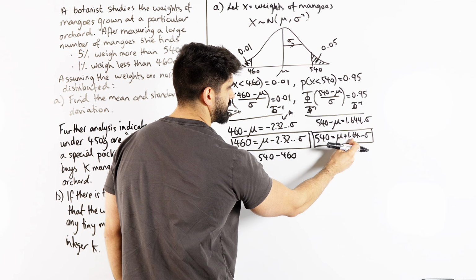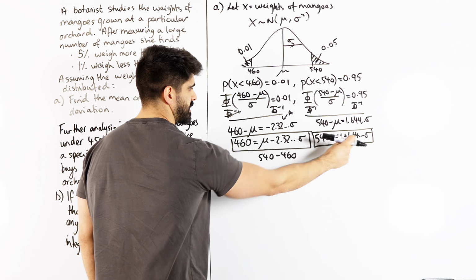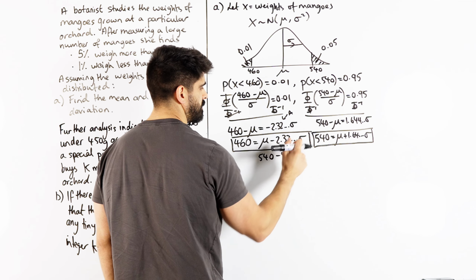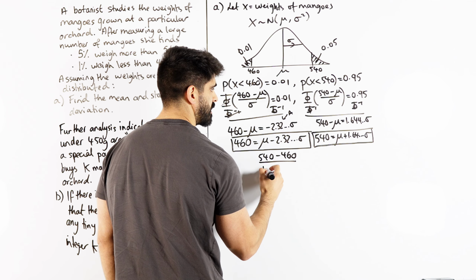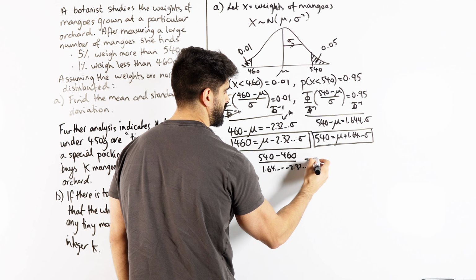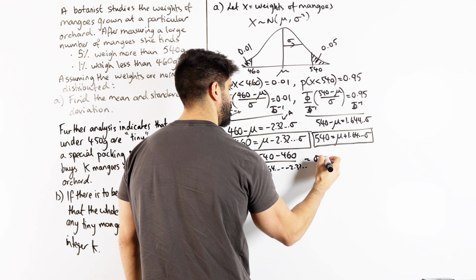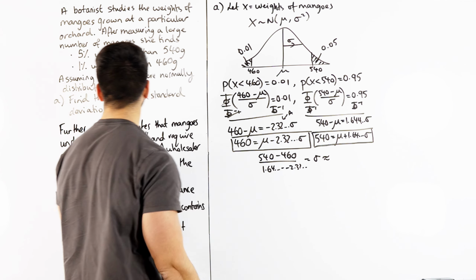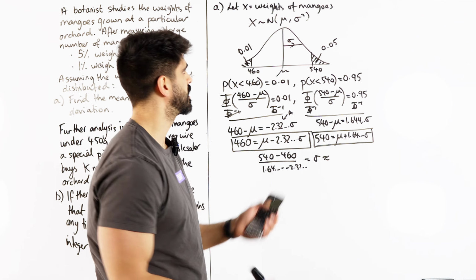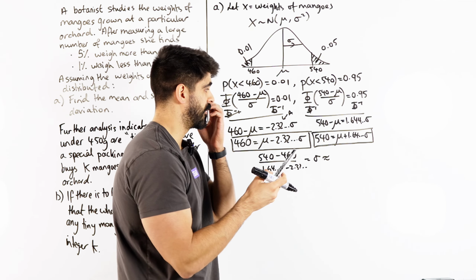We would get 1.64 plus this, because it's a double minus. So we get 1.64 dot dot dot minus 2.32 dot dot dot, which you're going to divide by that, is sigma, which I'm going to round as well. I haven't put in my question how much I want you guys to round it to, but I'll figure it out once I get the answer.